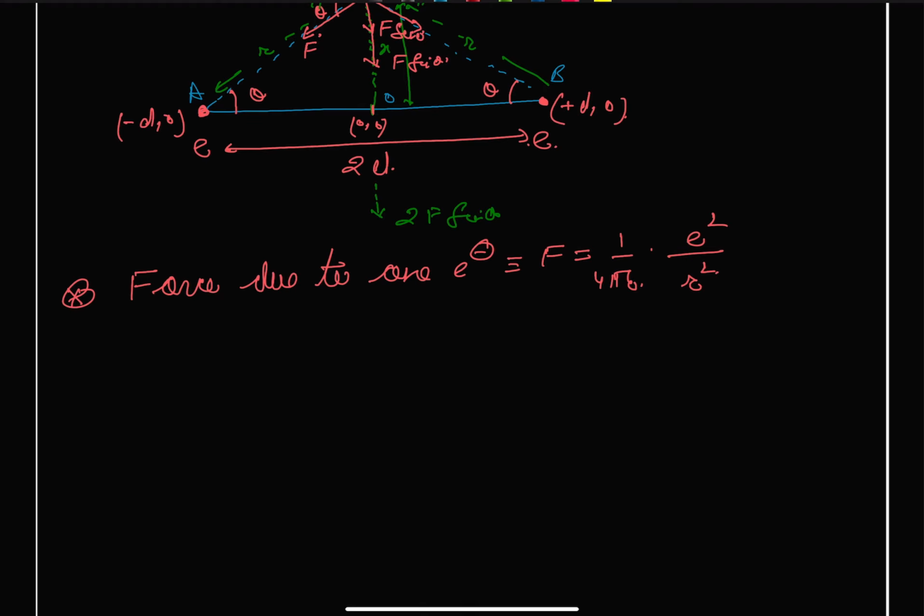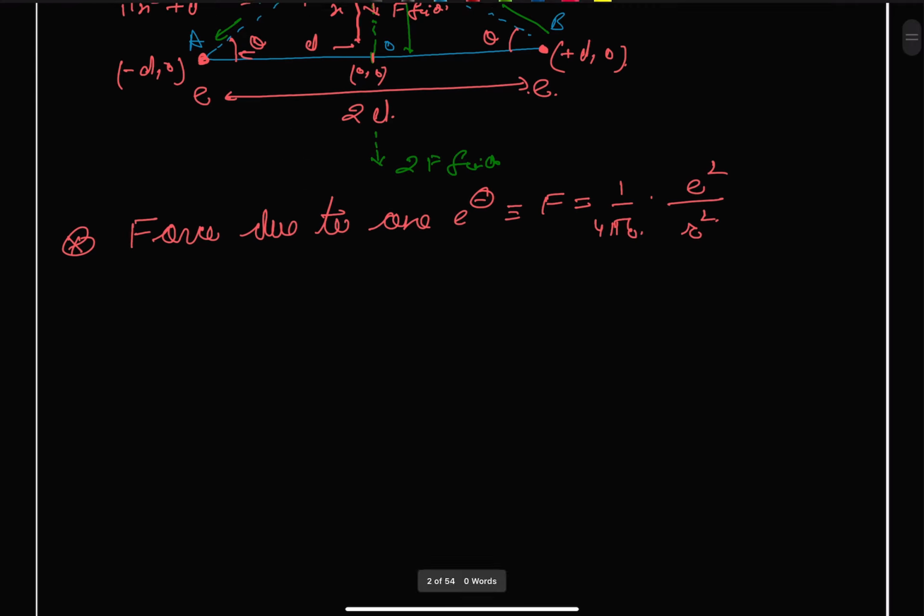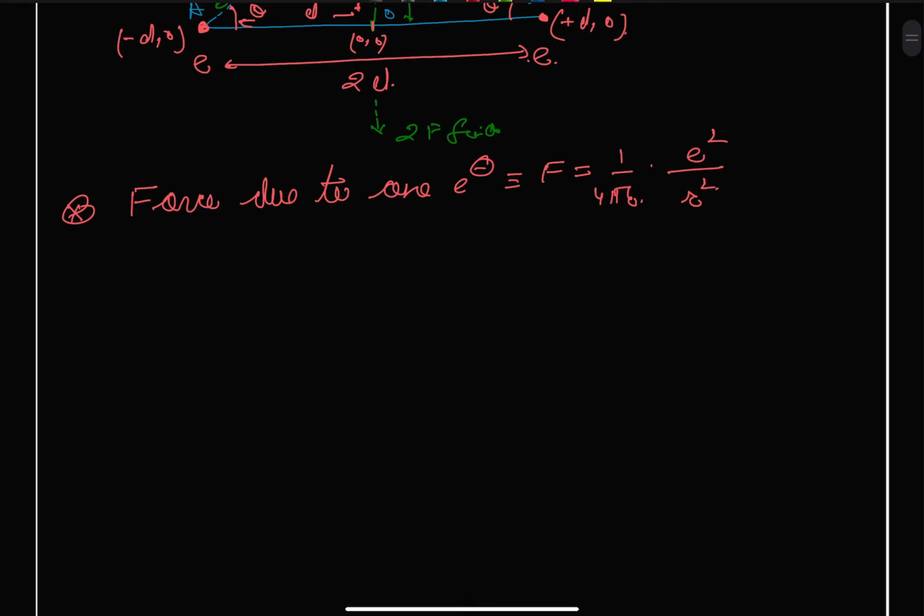This distance is d, and we already know this distance is x. So here r will be equal to the square root of x square plus d square. Therefore, we can say our force F will be equal to 1 upon 4 pi epsilon naught, e square upon (d square plus x square).